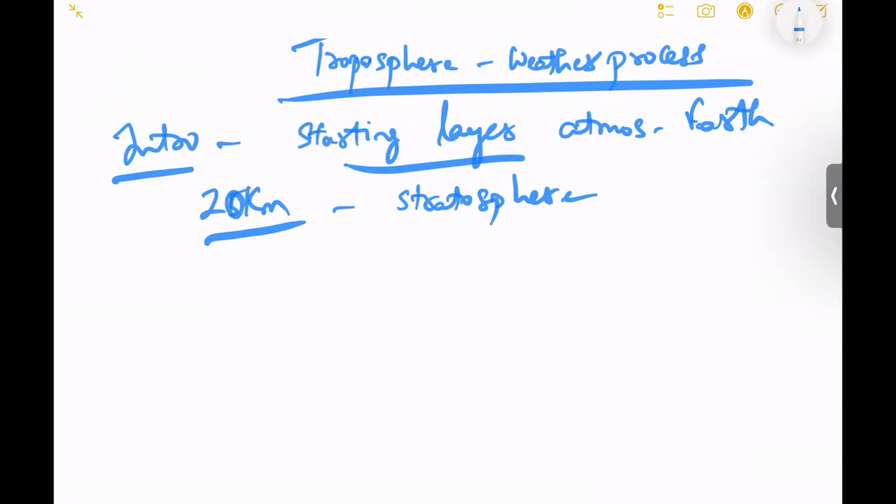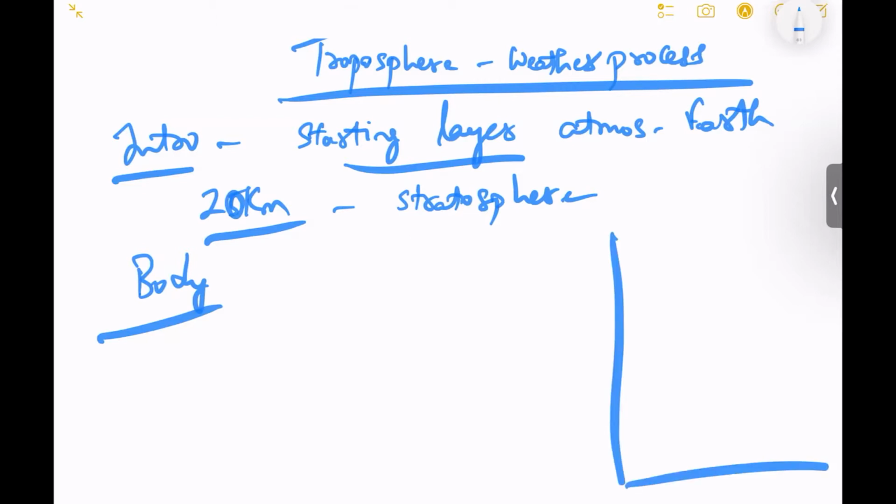Then in the body you will write about the troposphere. In fact, you should first draw the diagram. You can take the rightmost column and draw it like this: troposphere, stratosphere, mesosphere, thermosphere, ionosphere.